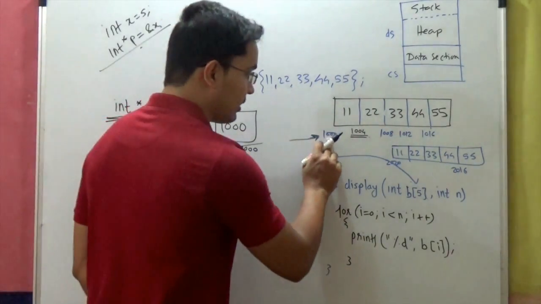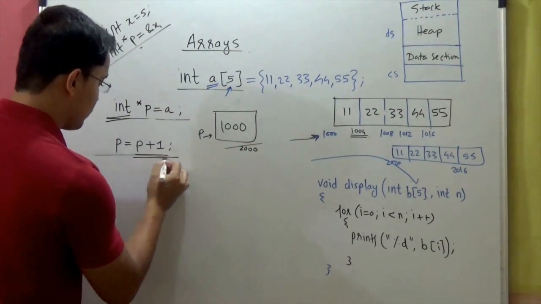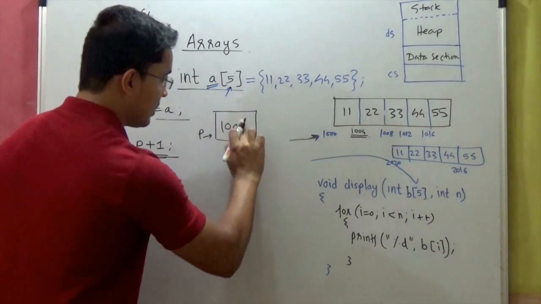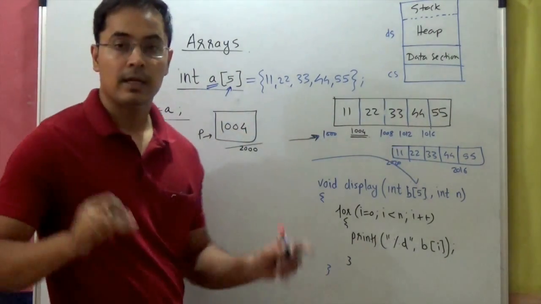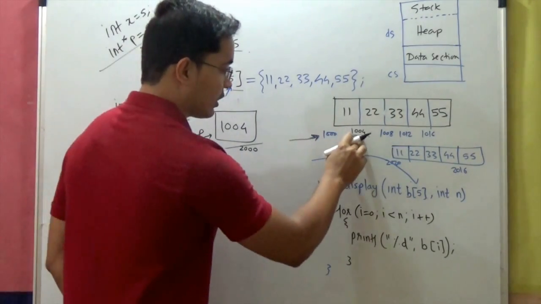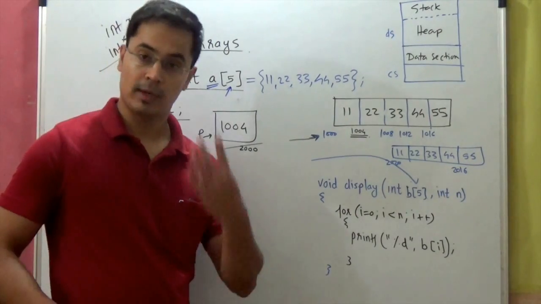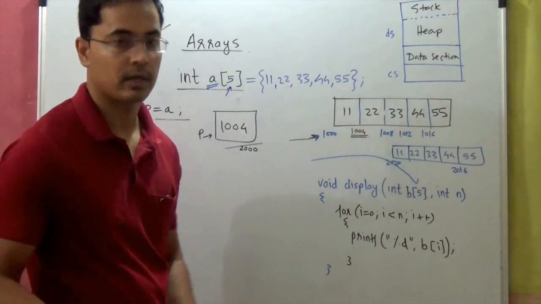And the next possible integer is at 1004. So when you increment p = p + 1, p will become 1004. It will store the address of the next possible integer, at location 1004, because an integer occupies 4 bytes, whether it's a 32-bit or 64-bit compiler.